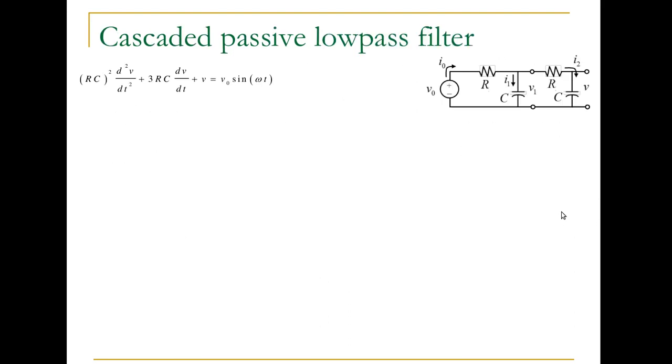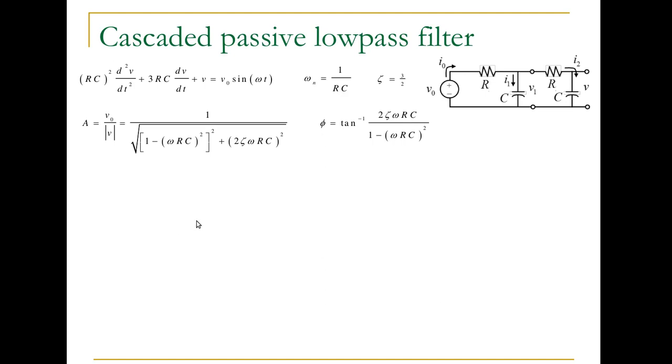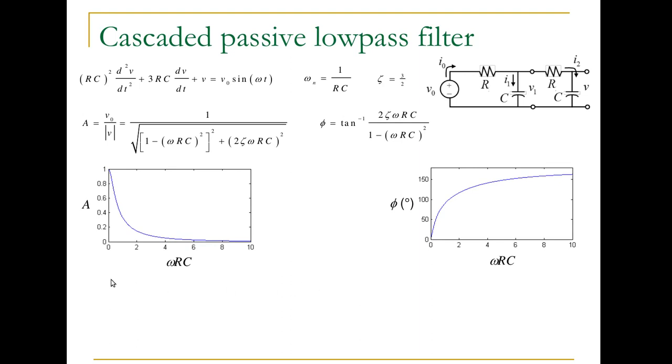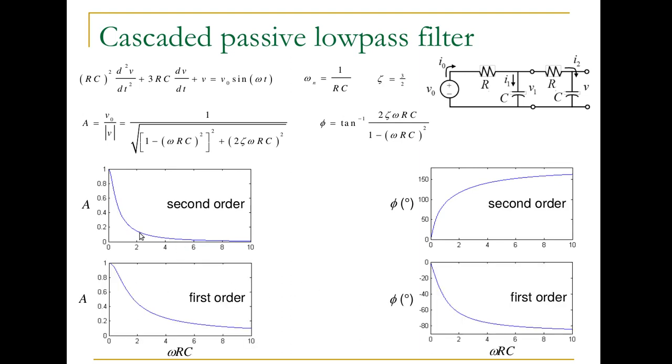We can have a sharper response after the cutoff frequency if we cascade these filters. So if we cascade components, we end up with a second order system. And the natural frequency is 1 over RC, and here's the damping ratio. The gain is given by the ratio of V0 to the magnitude of our output V. And if we were to plot that, we see that it has a sharper attenuation as frequency increases than the first order filter.